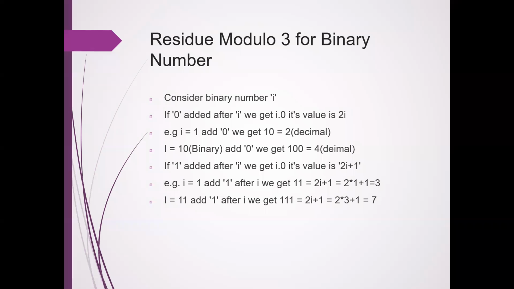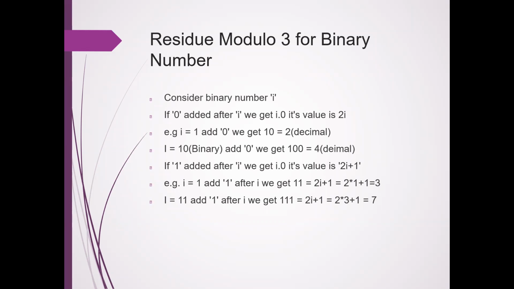So 2 by 3, what will be the remainder? 2. It means when you concatenate 0, you get remainder 2, so you need to move to the state which generates remainder 2.